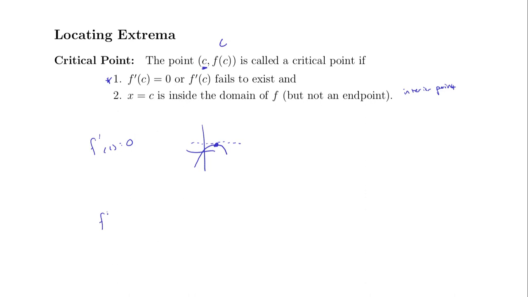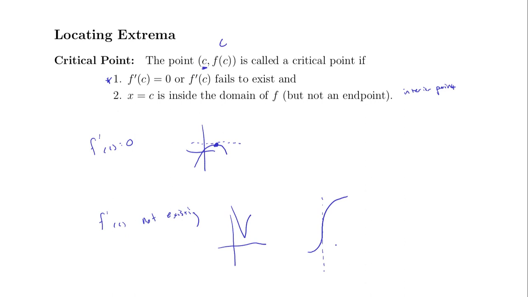And hopefully we remember that the derivative not existing is like a sharp corner or something like that. Or maybe it's like a vertical tangent line. So these ones are always harder to draw nicely. Like a vertical tangent line, right, like that. So we've got these kinds of options that we'll have to look at and find.